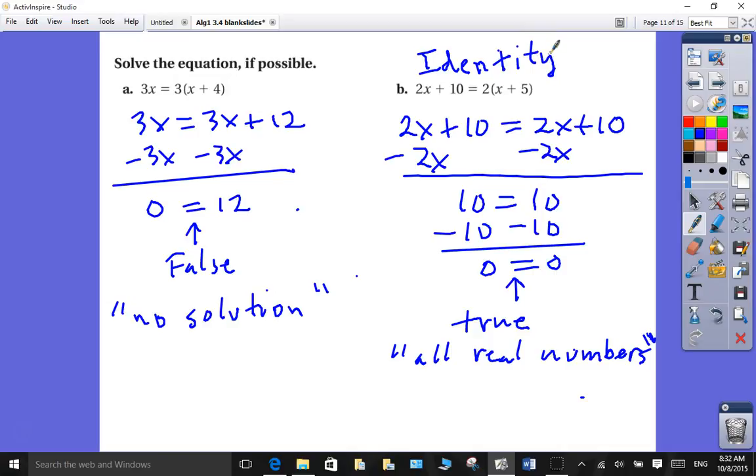In the end, what property is that example of? 2 times x plus 5 equals 2 times x plus 2 times 5. It's the distributive property, so of course it's true.